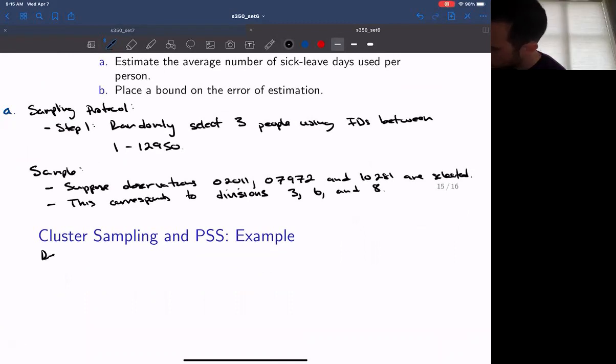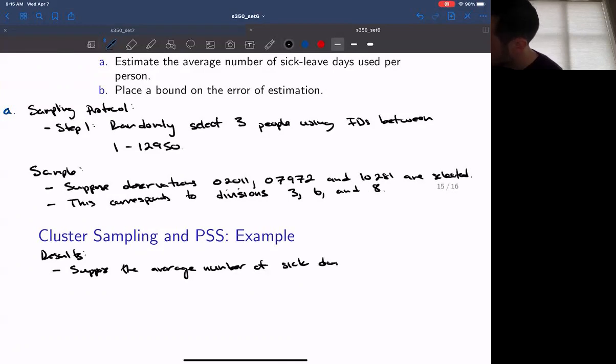Once we have the divisions, we would basically just be computing the average number of sick days per division. So suppose the average number of sick days per division are mu hat 1 equal to 4,320.